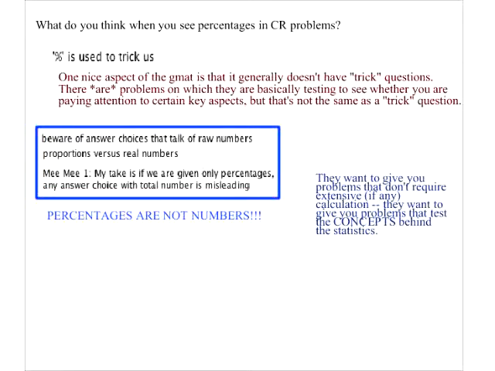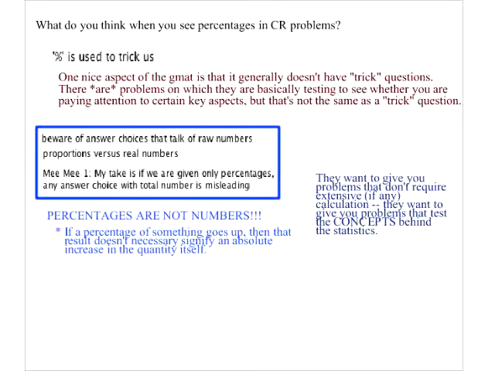So this is one example of such a concept. Percentages are not numbers, and therefore if a percentage of something goes up, then that result doesn't necessarily signify an absolute increase in the quantity itself.